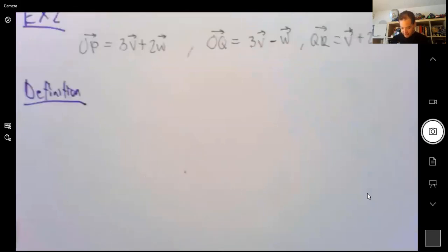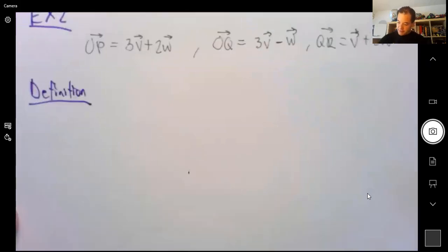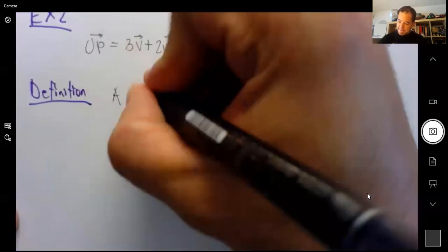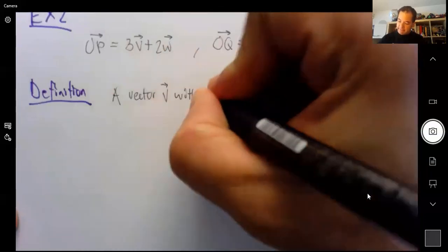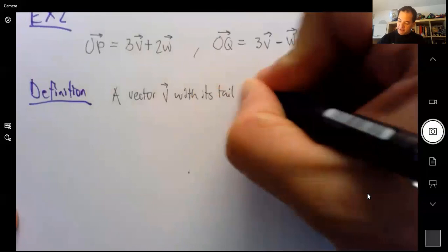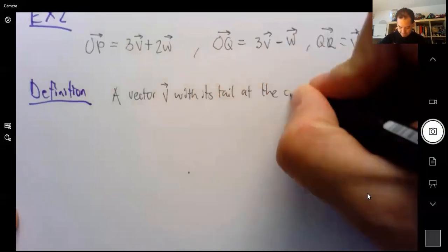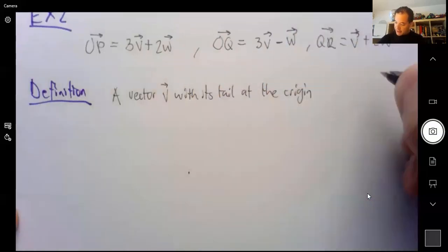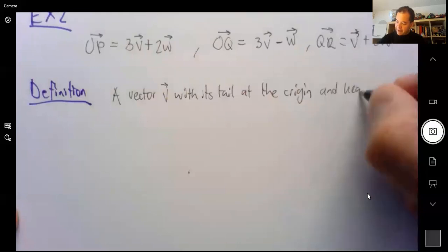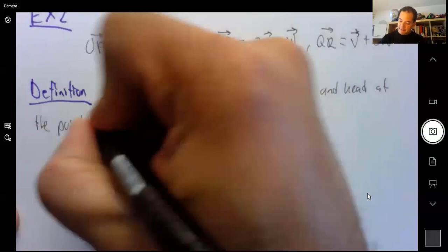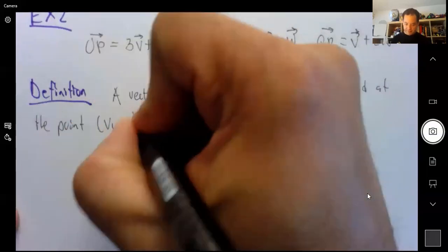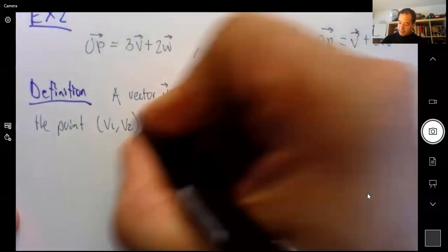Definition, a vector V with its tail at the origin and head at the point v1, v2 is called a position vector.